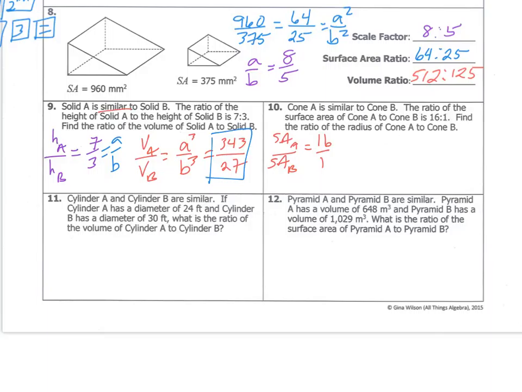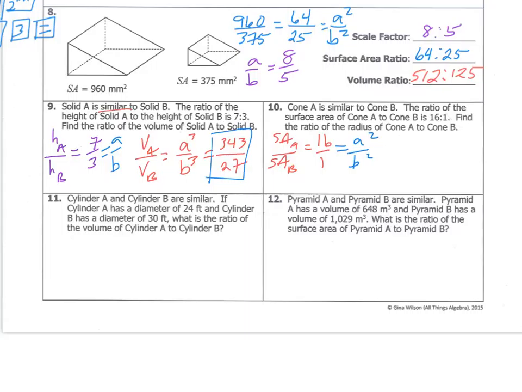And so isn't surface area equal to A squared to B squared? They want the ratio of the radius of cone A to cone B. The ratio of the radius is going to be the same as A to B. Because remember, radius is a linear dimension.